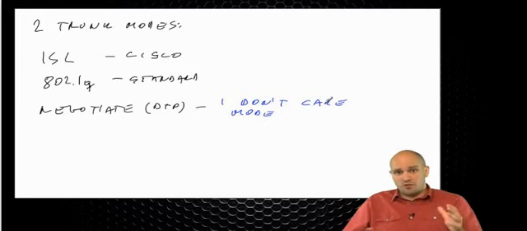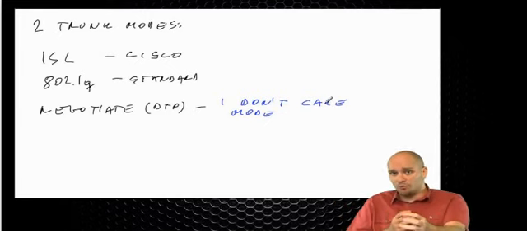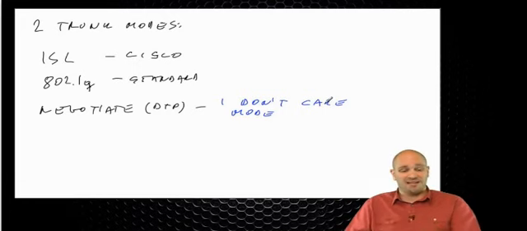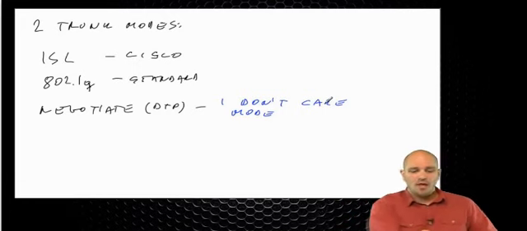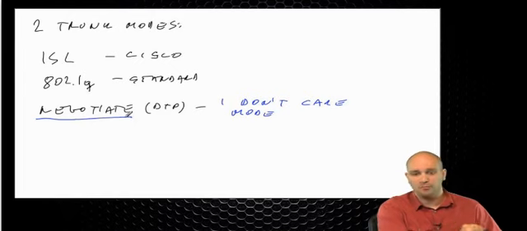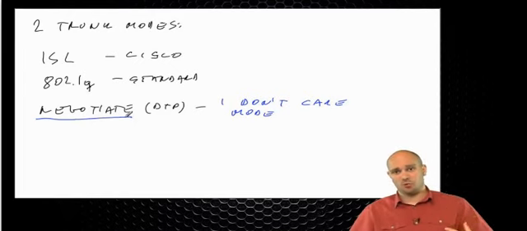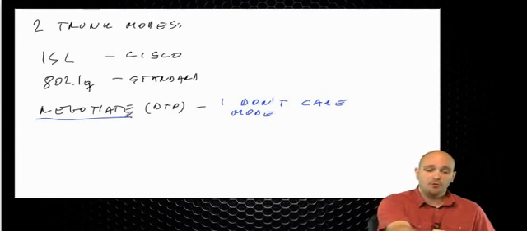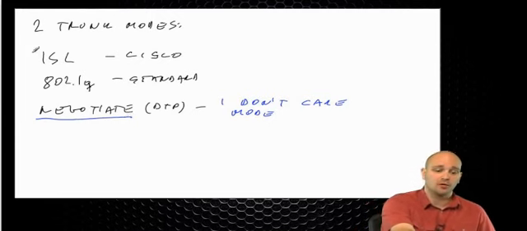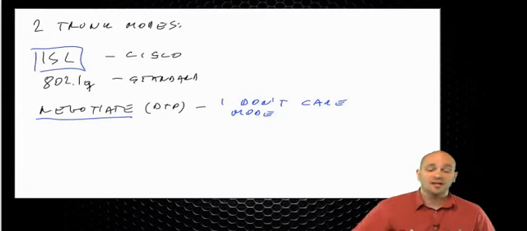Now, if both switches are in "I don't care" mode, this means that they both support ISL and .1q. You will never have negotiate mode sent by a switch that doesn't support ISL. Now, if the switches support both ISL and 802.1q, the preference will be given to ISL.